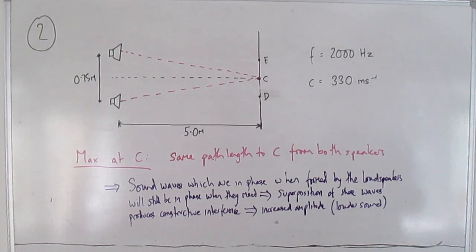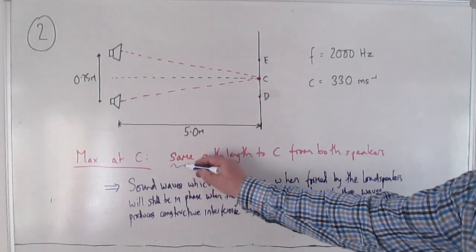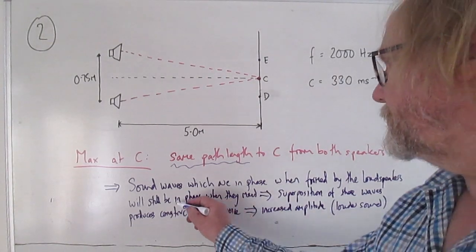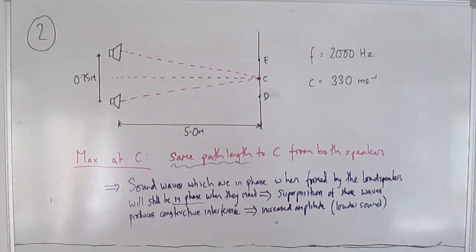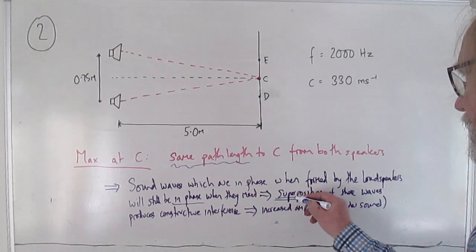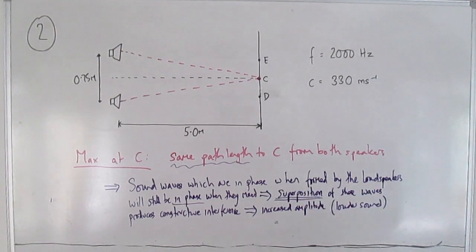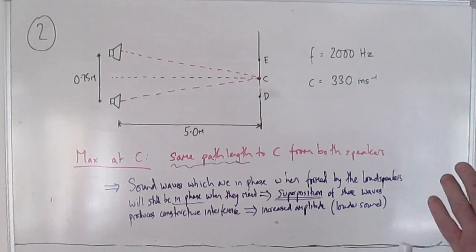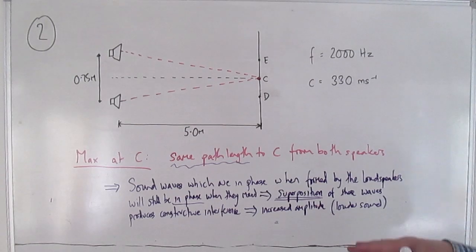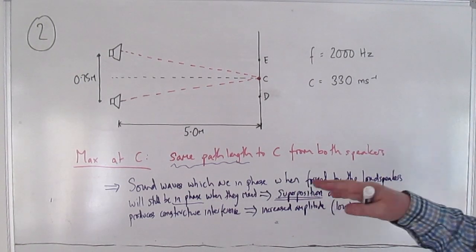The important things that you need to get in there is, first of all, that this is only true because they have the same path length. So the sound waves which are in phase when formed by the speakers will still be in phase when they meet, and then you need to have this word superposition in there, which is just the general statement that when two waves meet, the displacements simply add up together, and that's what superposition means.